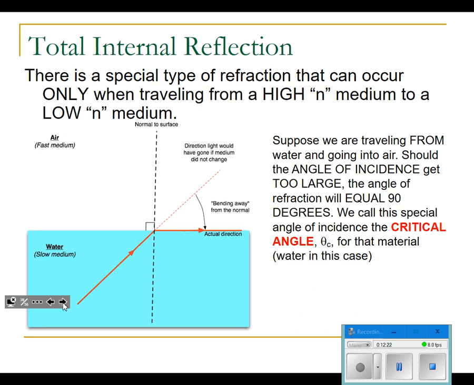So only if I'm coming from the water and trying to go into the air. So there's a certain angle that my angle of incidence right here can be, which will cause this to be a 90-degree angle. Okay? And so we call this angle, when that's the case, the critical angle.